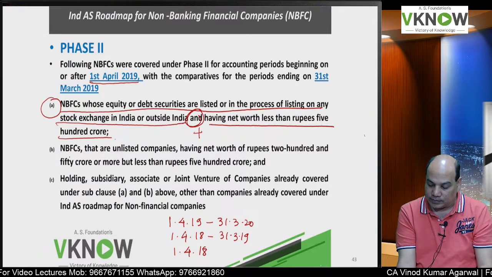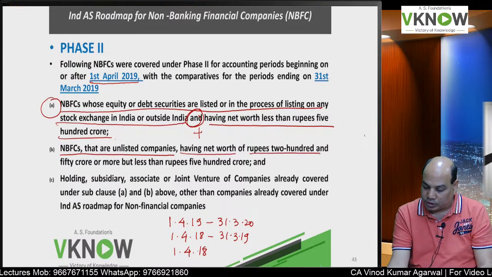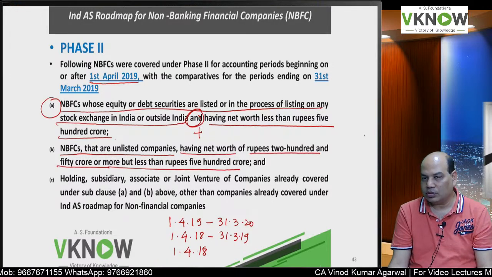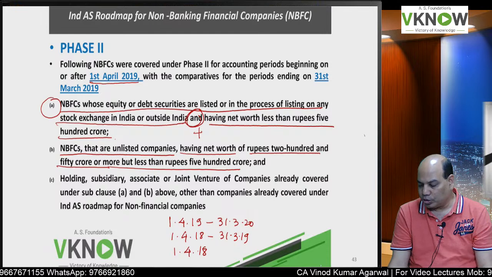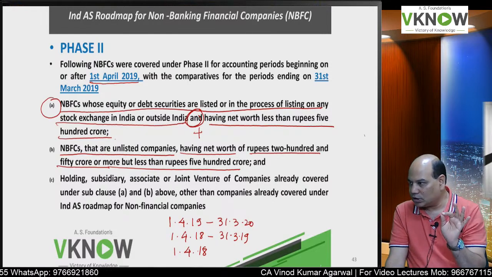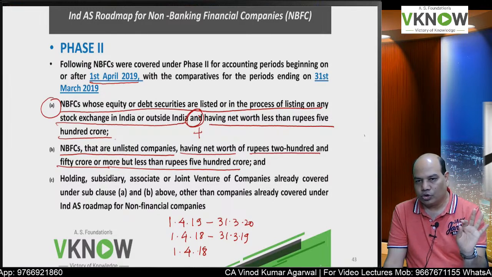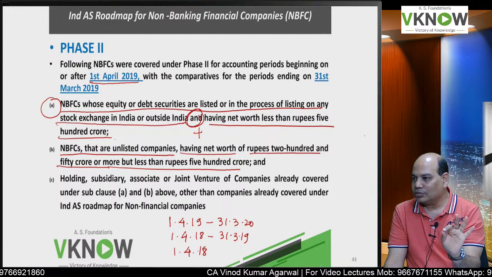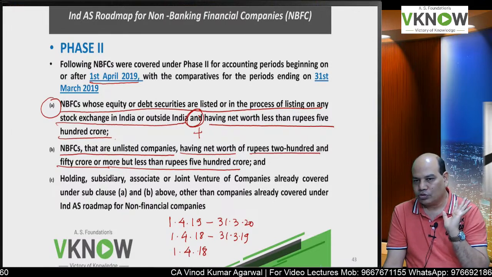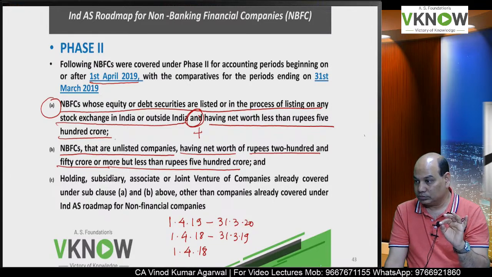And then they are saying NBFCs that are unlisted having net worth of 250 crore or more but less than 500 crore. To put both these phases together, now it is simple. If it is a listed NBFC, Ind AS is applicable, or if its net worth is 250 crore or above, Ind AS is applicable. So for which NBFC is Ind AS not applicable right now?